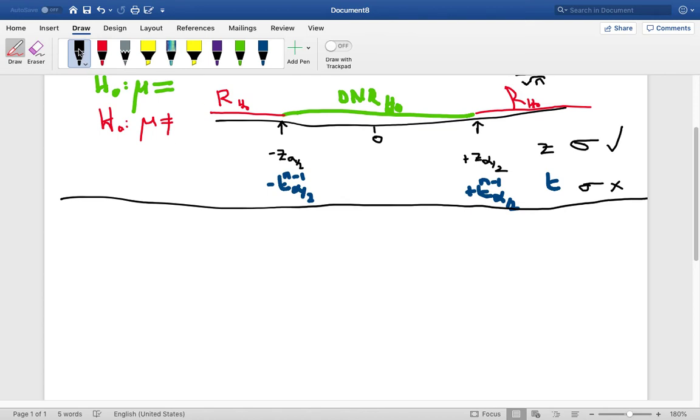Scenario number 2. I'm going to get a null hypothesis, H0, of the mean is greater than or equal to some value.